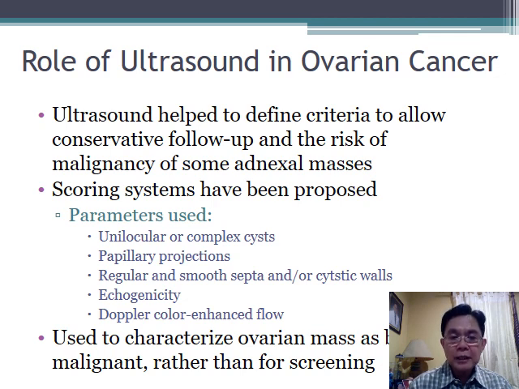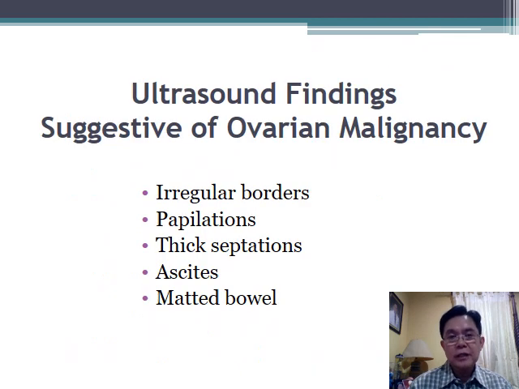So papillary projections with Doppler color flow positive tumors indicate more of a malignant ovarian tumor. Again, these are the different ultrasonographic features or findings that indicate a malignant ovarian cancer. So tumors with irregular borders, this you can also appreciate on physical examination of the abdomen. The presence of papillations, thick septations, ascites, and matted bowels.